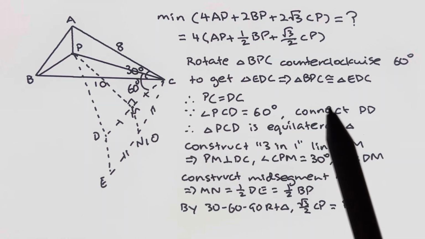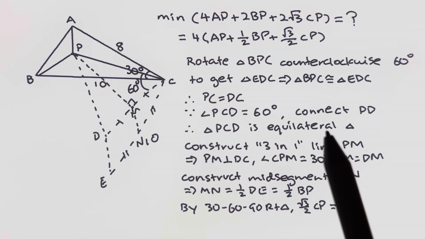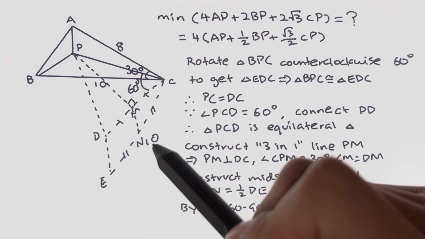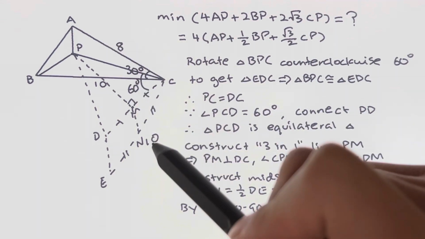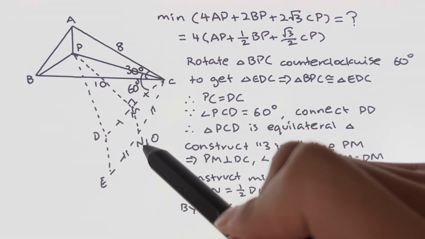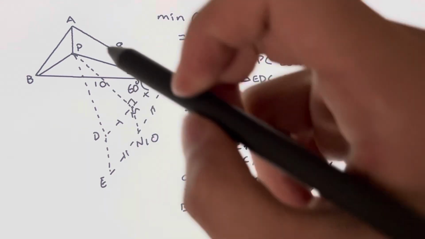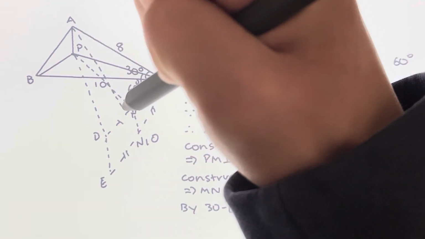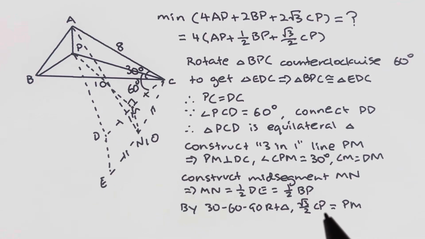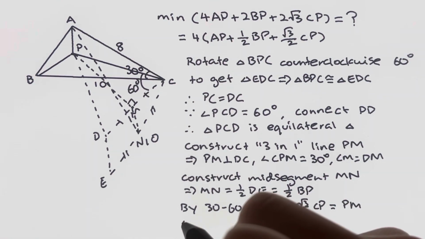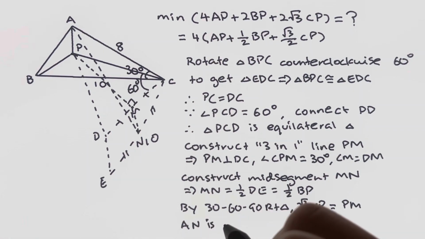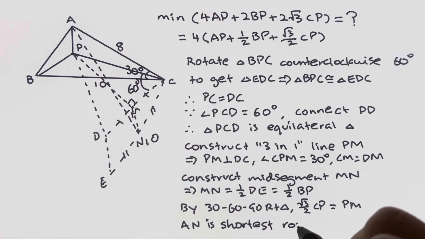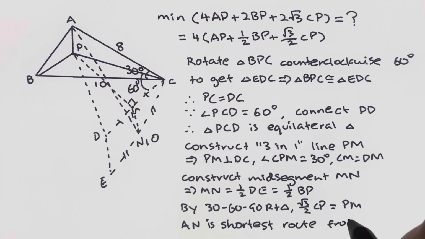However, we want to find the minimum value of this. And the minimum value between 2 points is going to be the straight line through them. So for the sum of these 3 line segments to be the smallest, we can just connect AN. So AN is the shortest route from A to N.